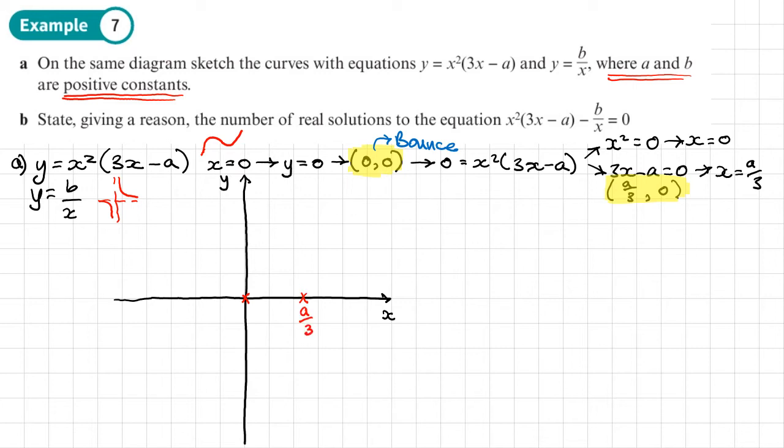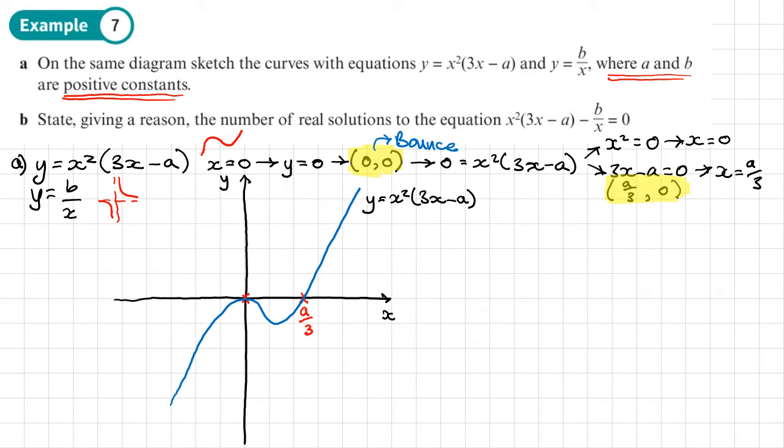So my cubic is going to be one that goes up like this, bouncing off of there, and then going through that coordinate. So it's going to be that type of shape. So let's put that in. Going up like this, bouncing there, and then going back up through that point, and we'll label that as the y equals x squared times 3x minus a graph.